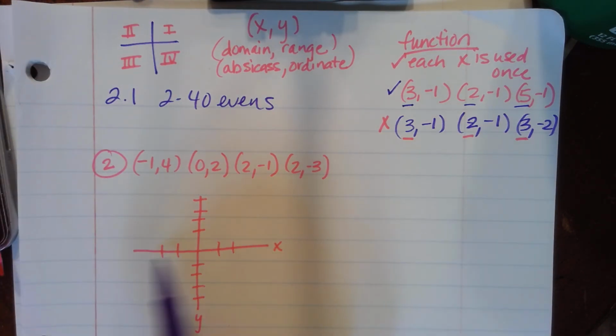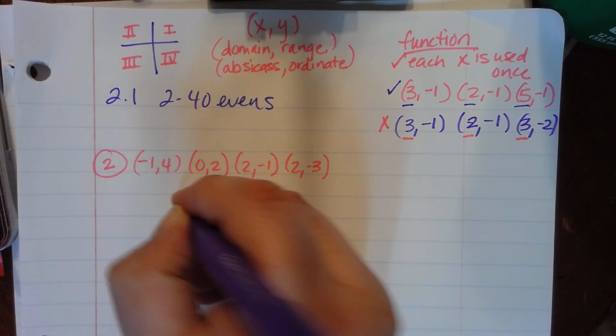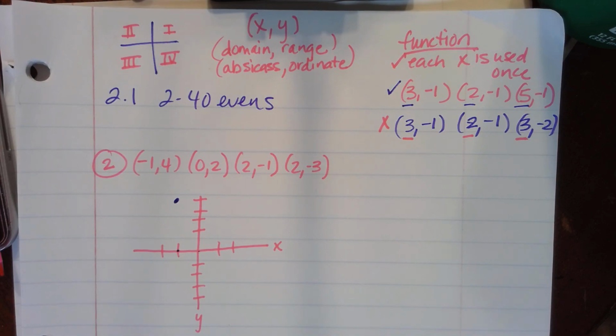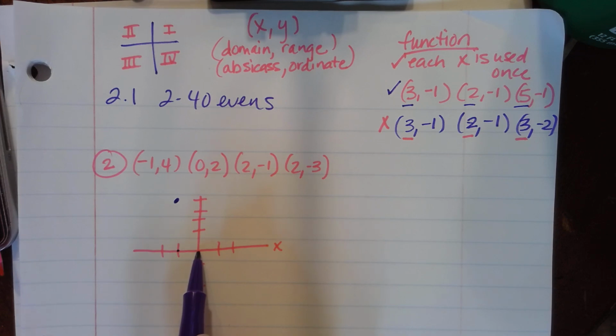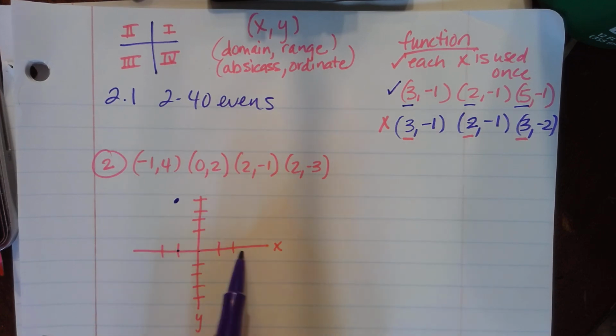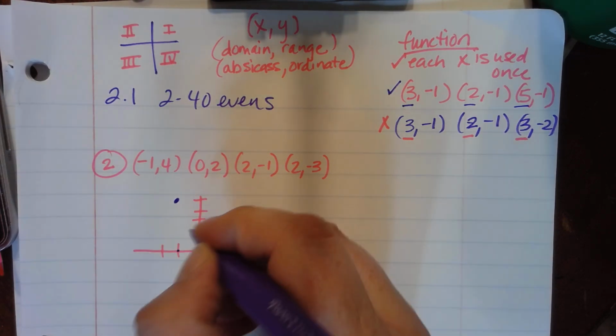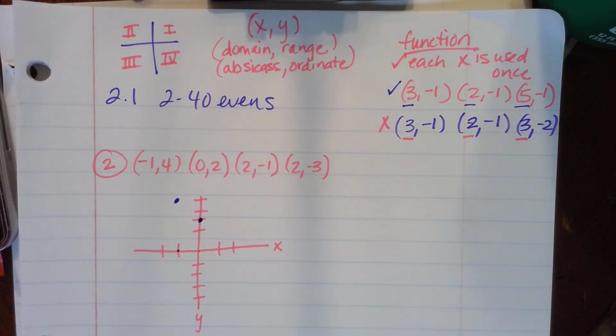All right, so you know the drill with these. Go in the elevator and then go up or down. So I've got -1 from 0. I go -1 to +4. Then I go 0 to 2. So if I'm here, I'm at 0. So if my x is 0, that means I don't get in the elevator, but I do go up to the +2. Next I have 2, -1.